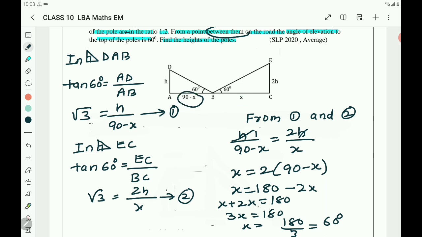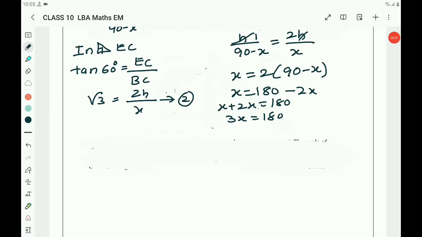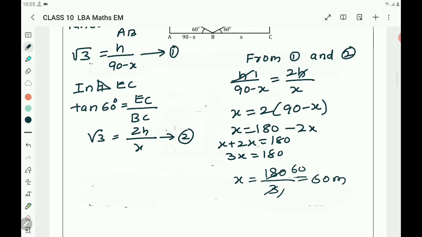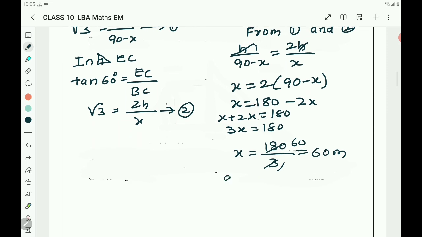Then 90 minus 60 is 30. Therefore x equals 180 by 3, 3 sixes are 18, so you got x equals 60 meters. Then the other one, 90 minus x, is how much? 90 minus x equals 90 minus 60, which equals 30 meters.